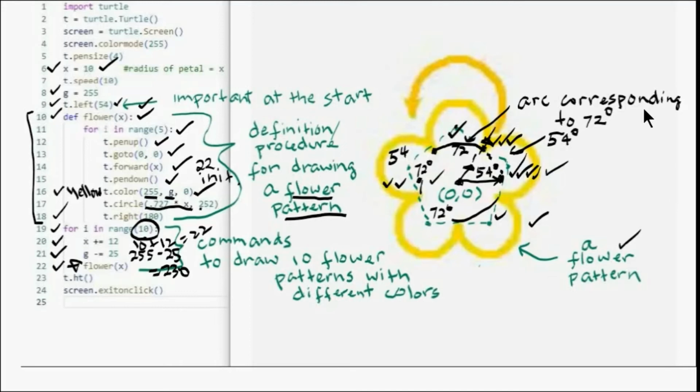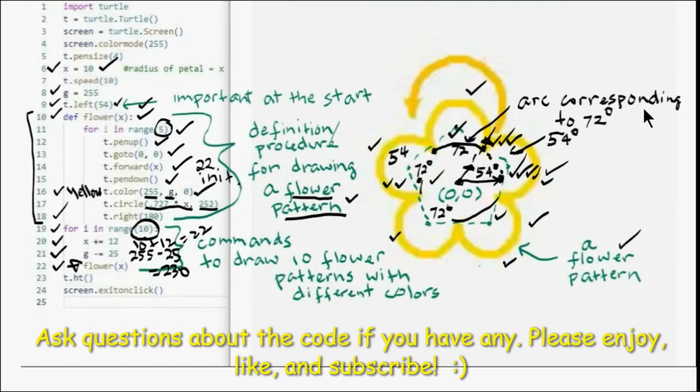And then the 252 here is the angle of generation of the arc so that we can have the first petal here on the right side of the screen. Now, since this is 5, look at line number 11. The steps here will be repeated for the second petal, for the third petal, for the fourth, and then for the fifth. Once we are done with one flower pattern, we go back to number 19.